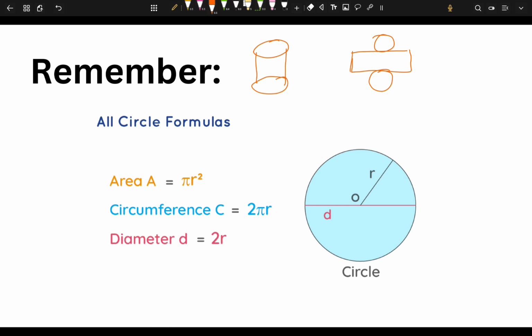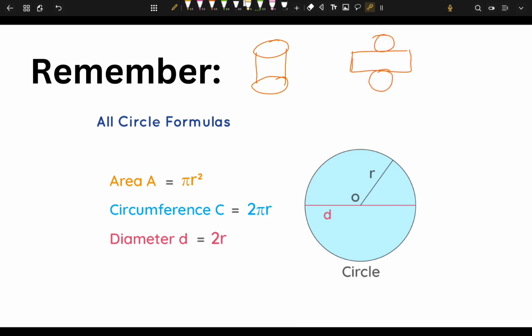total surface area. Pag total surface area, di ba, ano yung mga kinocompute natin? Yung top, yung bottom, and yung ating kabuuan na curved surface. Curved surface kasi meron sa atin, di ba? So, automatically, ilan yung area natin na meron? Ito, area nito, and then area nito.